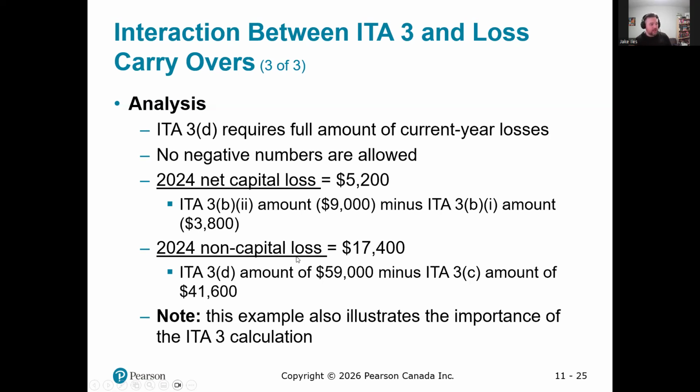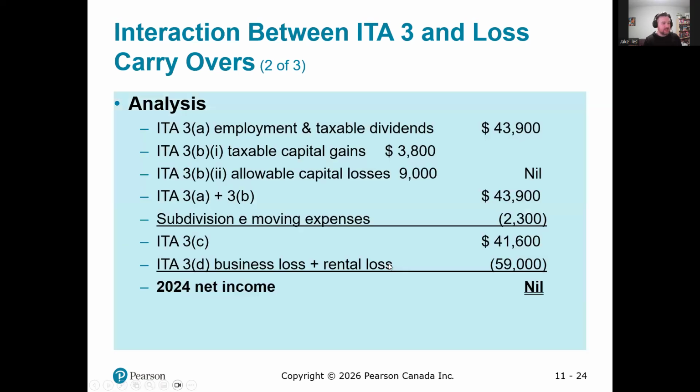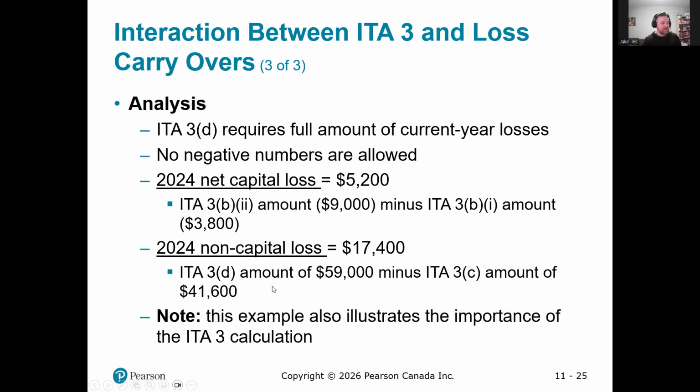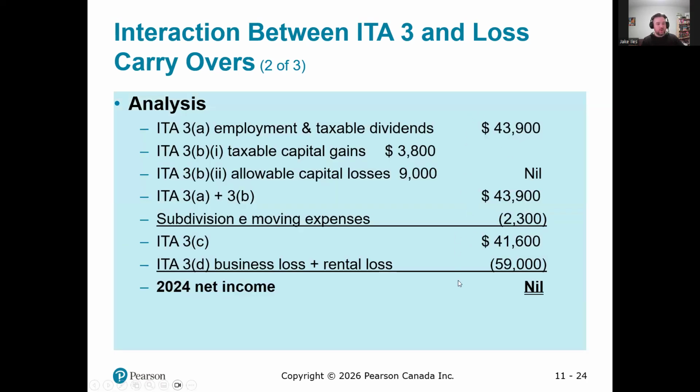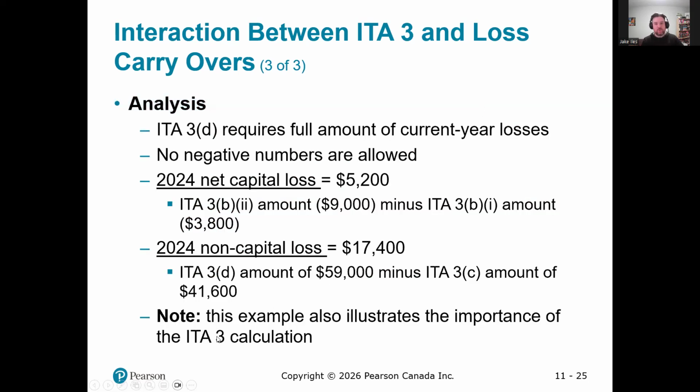Our non-capital loss is our $59,000 minus the amount of income that we removed. That leaves us with 17,400 left. So this example illustrates that same calculation. This style, this order that we use is the same section 3 calculation we did in chapter 1 of the textbook, if you can remember back to the Tax 1 course.